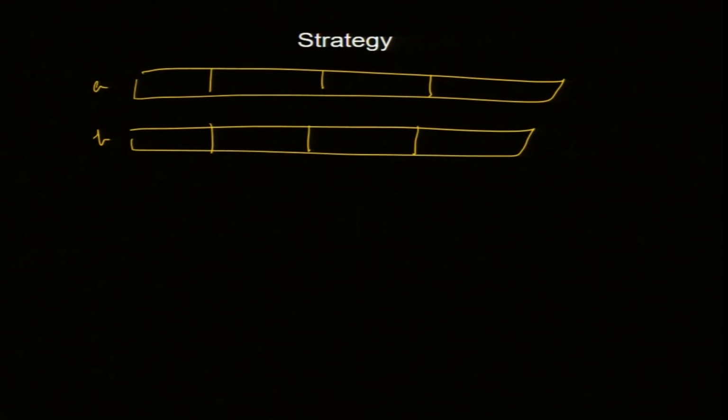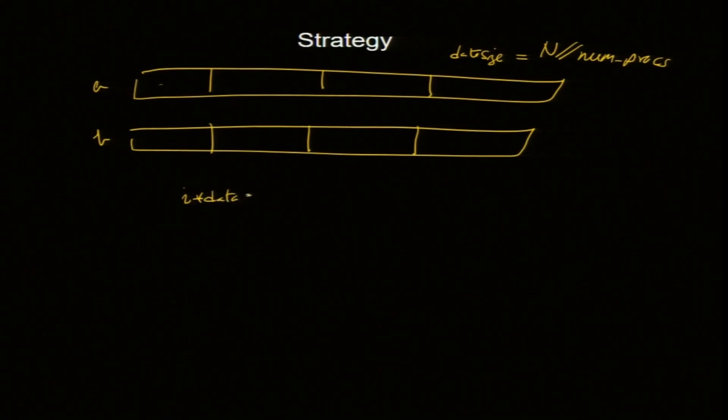Right. So, if the process ID is i, then i star data size. Data size I can compute, right. The total data size is n, divided by the number of procs. This is my data size in 1D, we will work with 1D. Correct, 4 processes, we divide equally. So, i star data size is my starting array index.